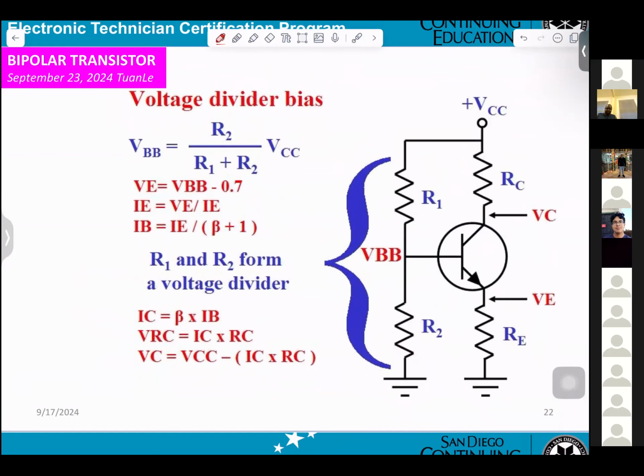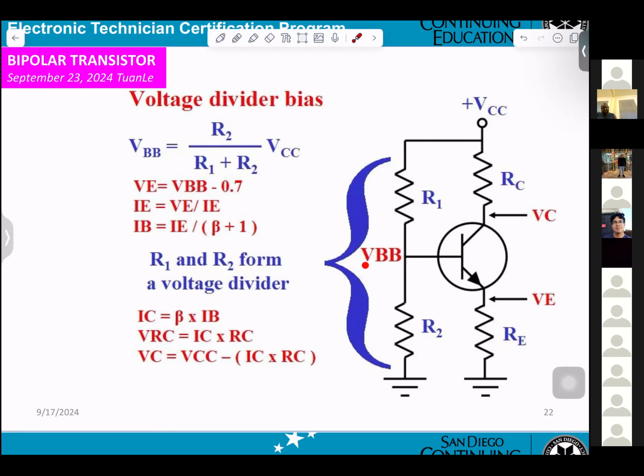Last one. Voltage divider bias. If the circuit is connected this way, they're using R1, R2. They call it voltage divider bias. You can see this is used all the time. Why? They can use two resistors as a substitute for a power supply in the base.